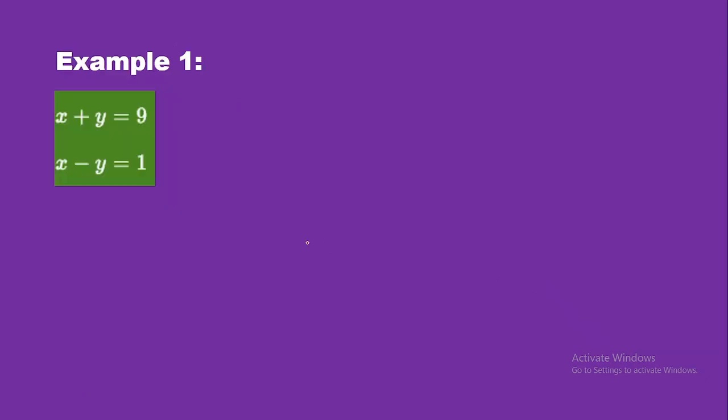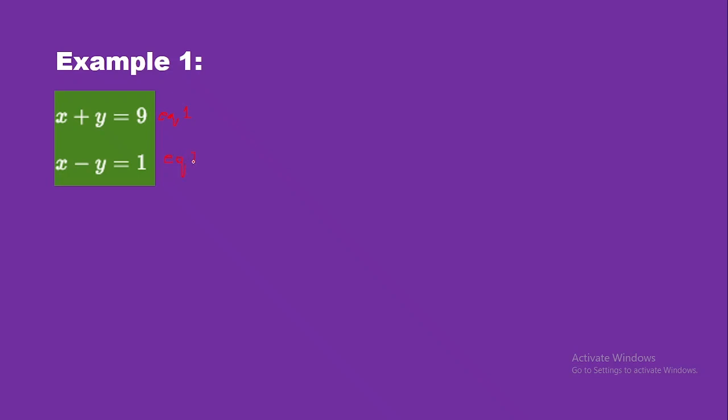So example 1, we have x plus y is equal to 9, and that's our equation 1. I'm just going to put equation 1 right here so we can remember that this is our first equation. And then I am going to put equation 2 below so we can always remember that this is our second equation.